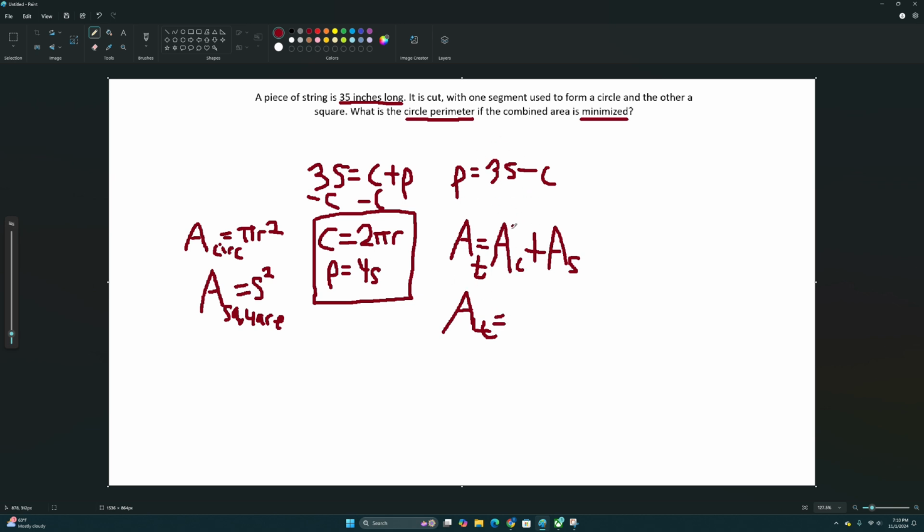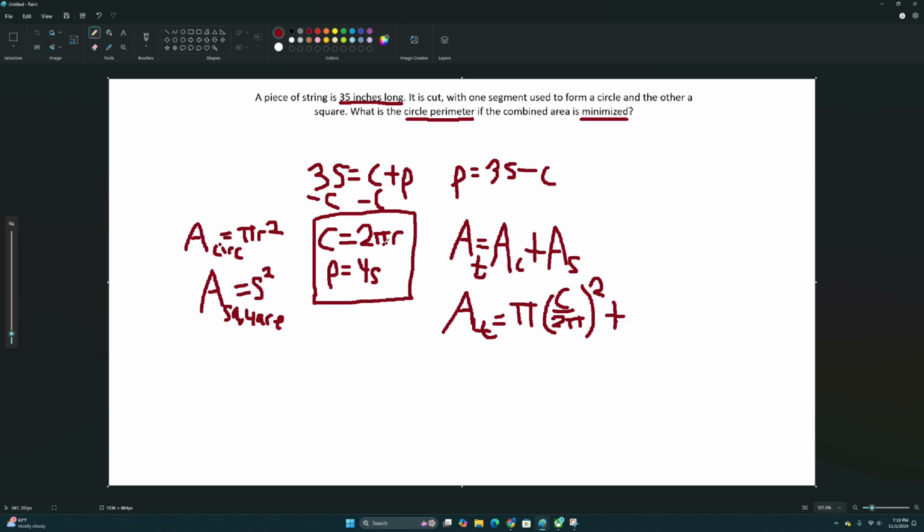So the area of the circle is going to be pi r squared, but of course r, as we can see right here, is going to be C, which is the variable we're going to be using, divided by 2 pi. That right there is r. Now we're going to have to square it, and we already multiplied by pi. So that's what the area of the circle will be. Now we're going to add the area of the square.